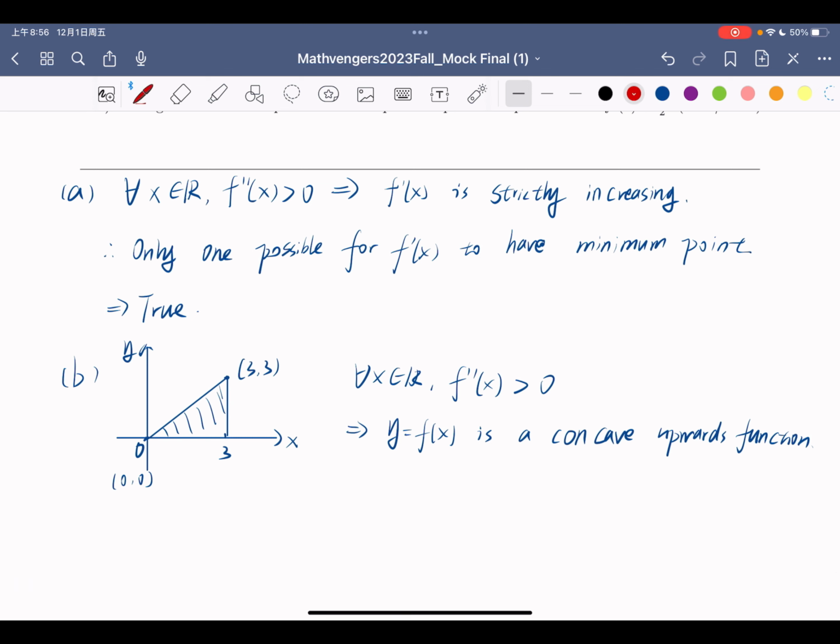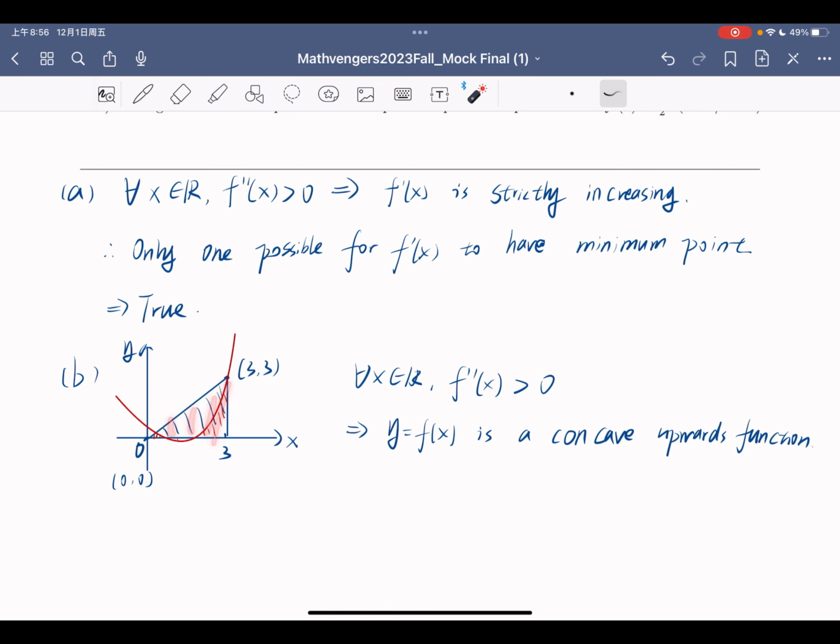I use a straight line, and the function looks like this, concave upwards. If it's concave, the area under the function between 0 and 3 is always smaller than the area of the triangle.